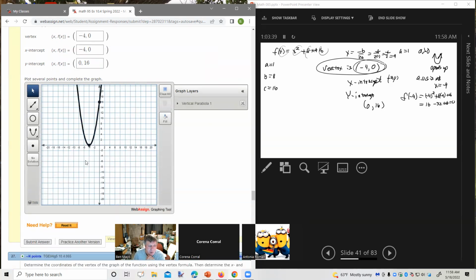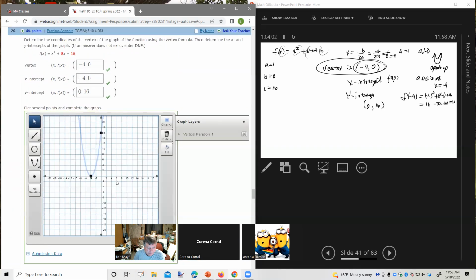Notice there's only one x-intercept. It's the vertex, because if the vertex lies on the x-axis, there's only going to be one point of intersection with the x-axis. Okay? That makes sense? We all right with that?